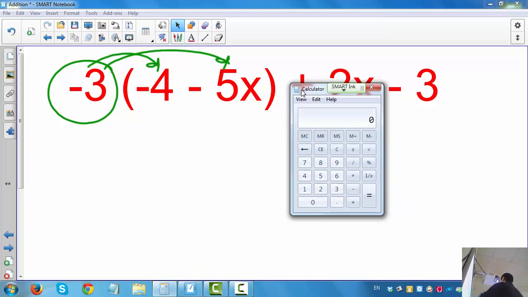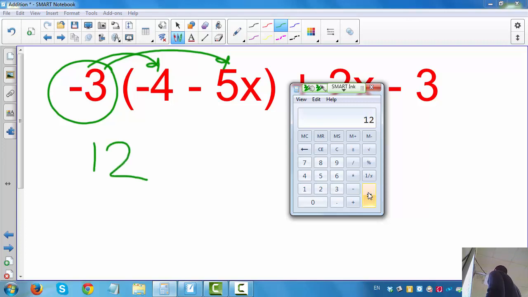Minus 3 times minus 4. 12. And yes, that is 12. Let's write that down. And now I'm going to multiply this. When you multiply with the letter, forget about the letter.